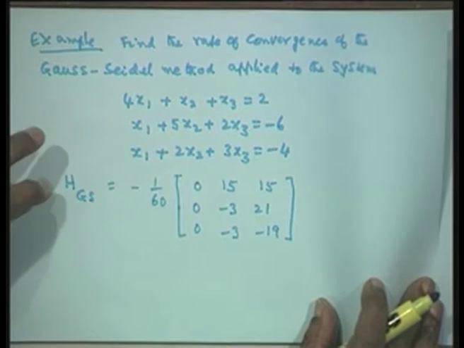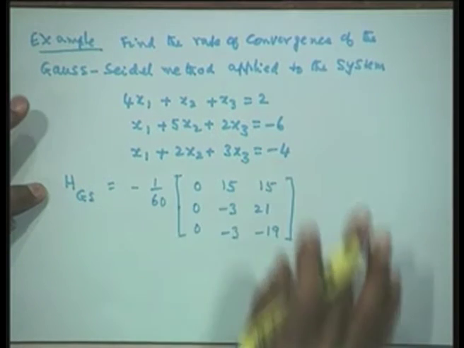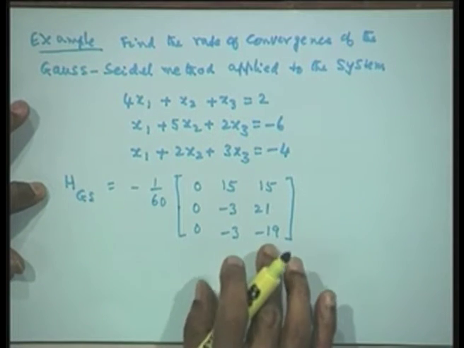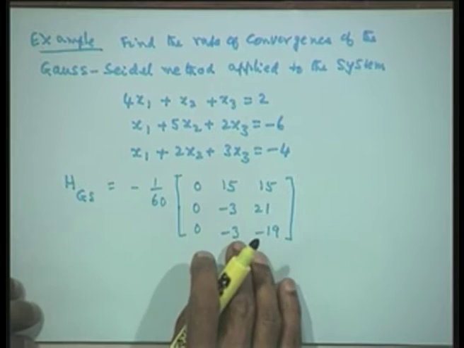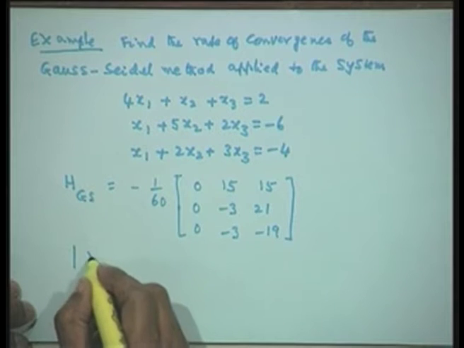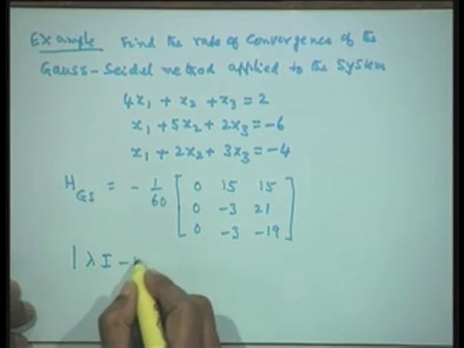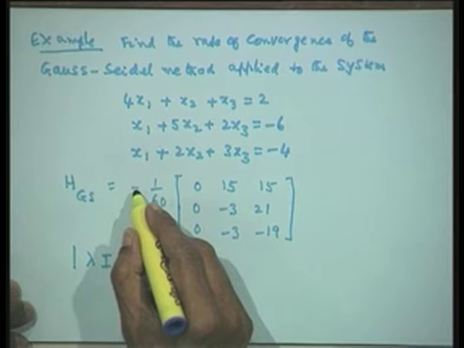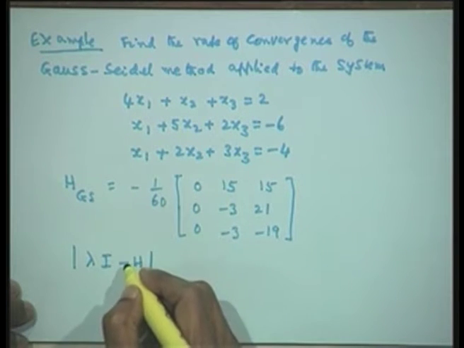Now, once I find the iteration matrix, for finding the rate of convergence I want the largest eigenvalue of this matrix. So, let us form the eigenvalue equation. Therefore, we can write down lambda I minus H. I will use lambda I minus H because there is always a minus sign, so I can absorb that minus sign over here.